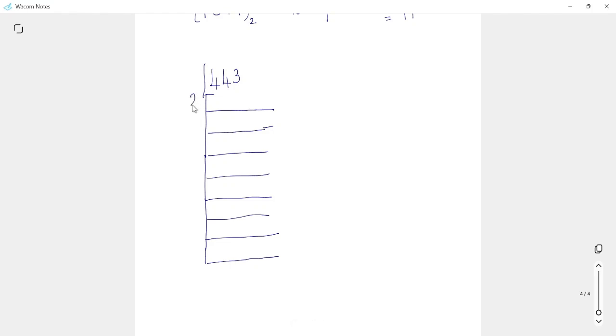Okay. So divide 443 by 2, I get 221, and I get a remainder of 1, because 3 by 2 is 1 and the remainder is 1. So 221, again I divide by 2, I get 110, and a remainder of 1.